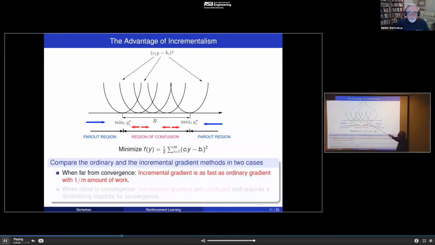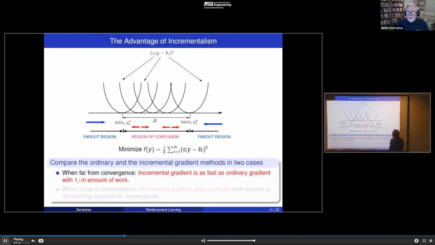Now, once I get into this red region, which contains the minima of the individual components, the incremental gradient method gets confused. Why is that? Okay, the overall minimum is somewhere over here, that's where you want to go. However, if you are over here and you pick this component, for example, then you would be moving away from the minimum.